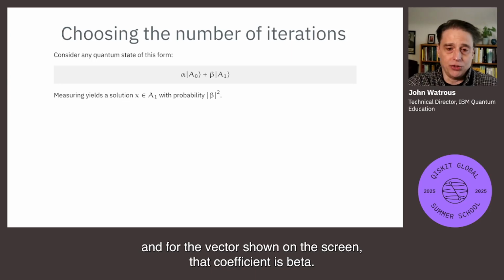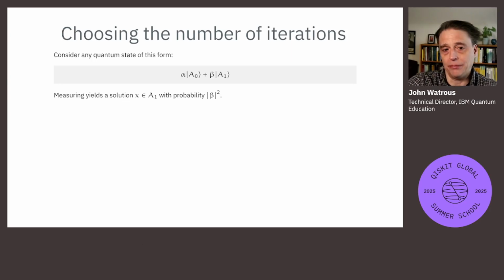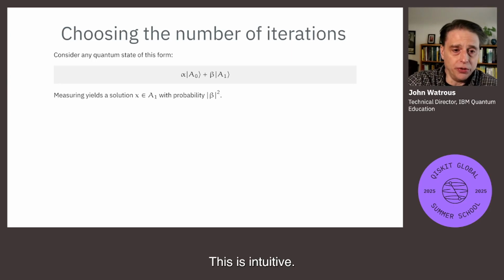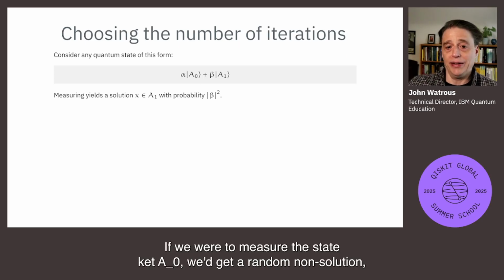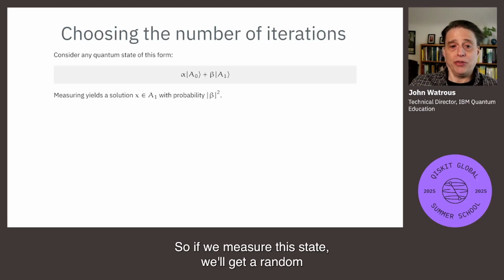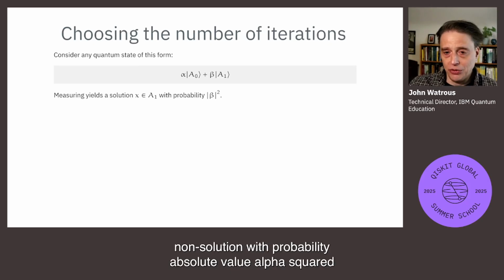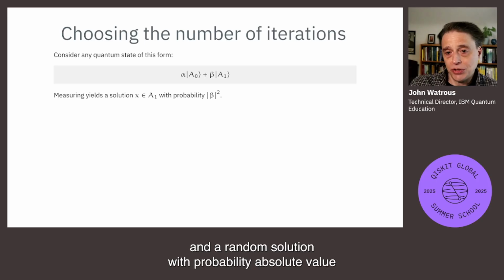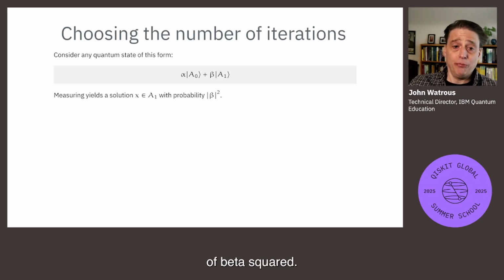And for the vector shown on the screen, that coefficient is beta. This is intuitive. If we were to measure the state ket A0, we'd get a random non-solution, and if we measured ket A1, we'd get a random solution. So if we measure this state, we'll get a random non-solution with probability absolute value alpha squared, and a random solution with probability absolute value of beta squared.